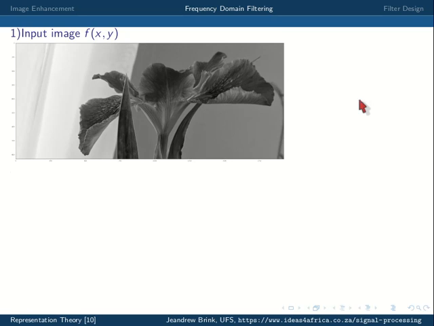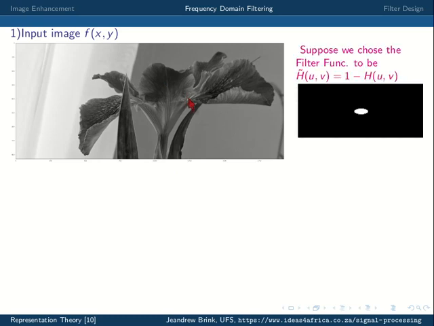So here's our image, and the filter we're going to use now is simply H tilde, which equals 1 minus H(u,v). The previous filter H(u,v) was 1 everywhere except in the center. Here we've subtracted that from 1, so we've got basically 0 everywhere except in this ellipse in the center.